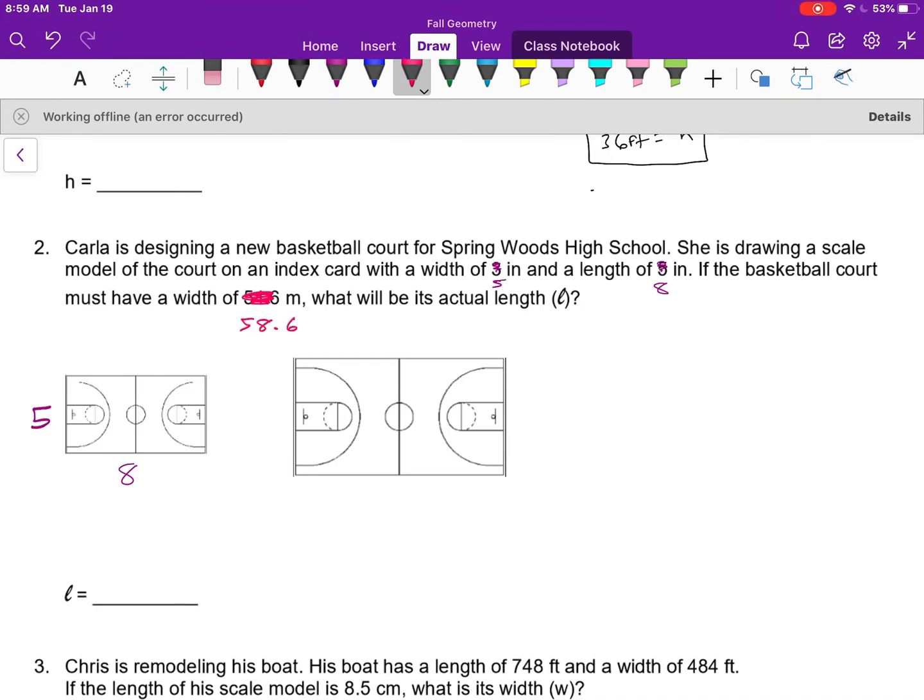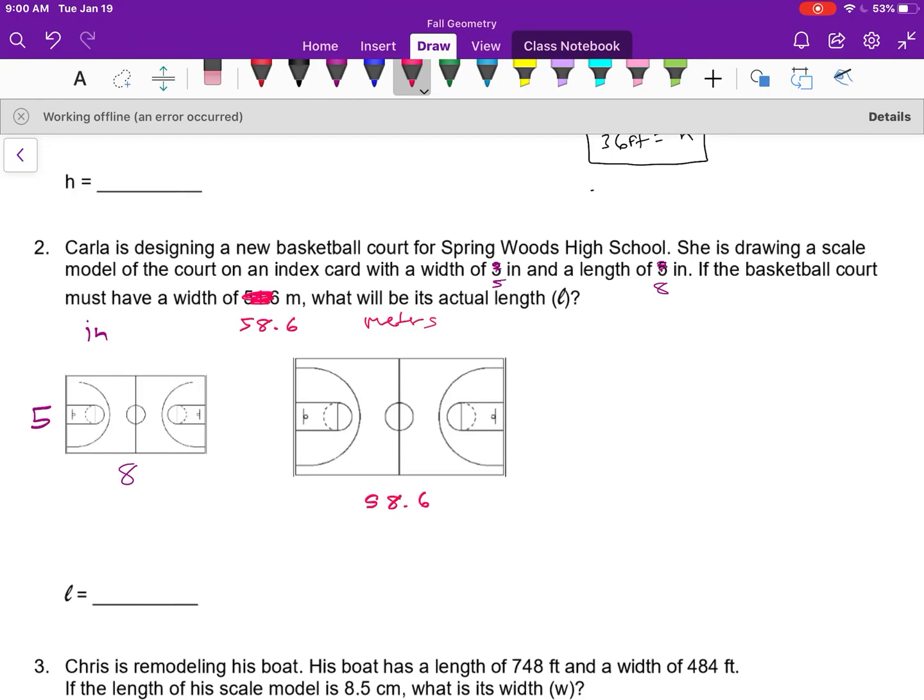I know this was measured in inches, and this was measured in meters. So we're going to keep our measurements the same by keeping them in the same ratio. So 58.6, and then I don't know what the actual length is.